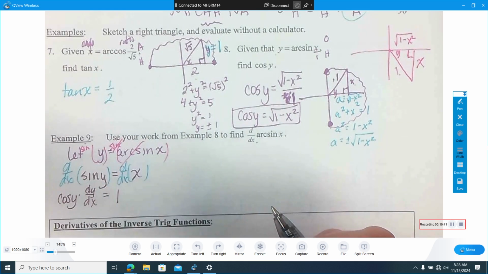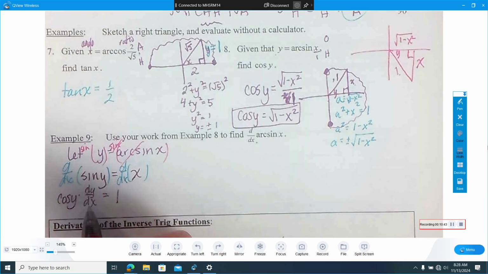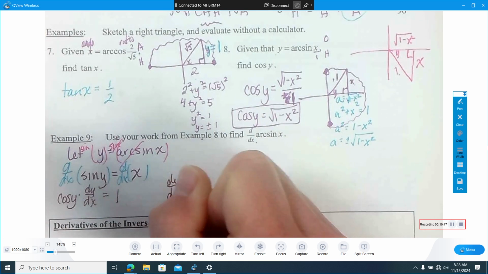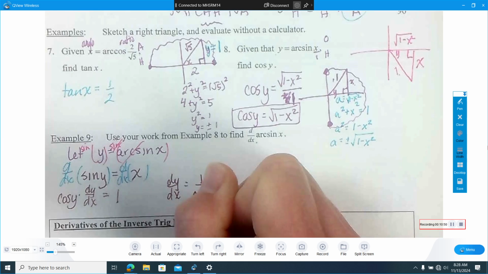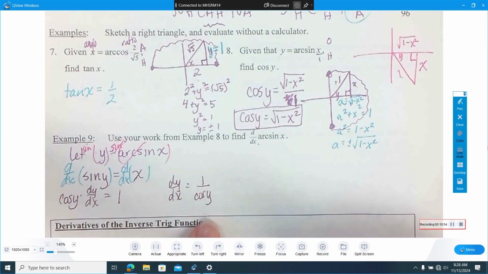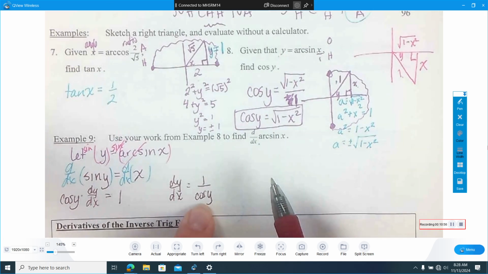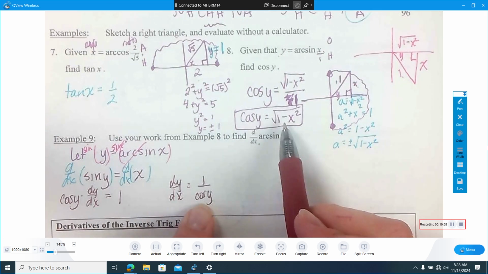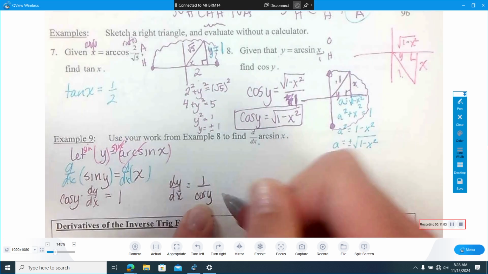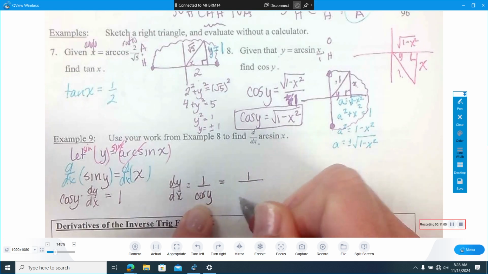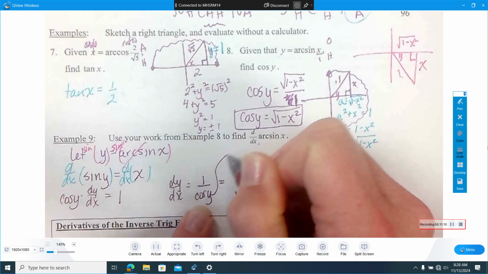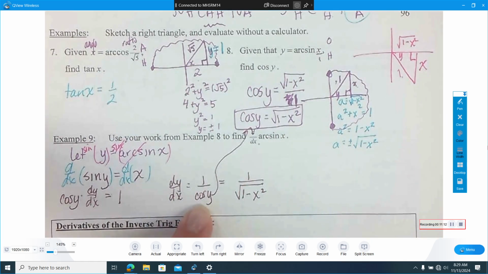1. We can get dy dx by itself by dividing, so we get 1 over the cosine of y. Well, wait, we just found that. That's the cosine of y. And so that is 1 over the square root of 1 minus x squared, because we already found that.